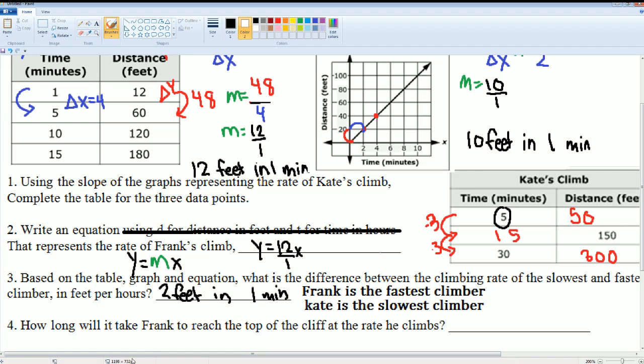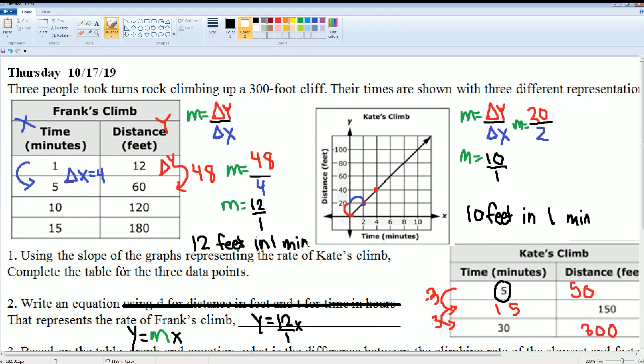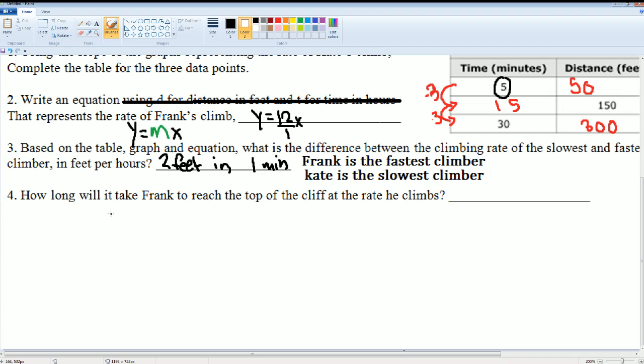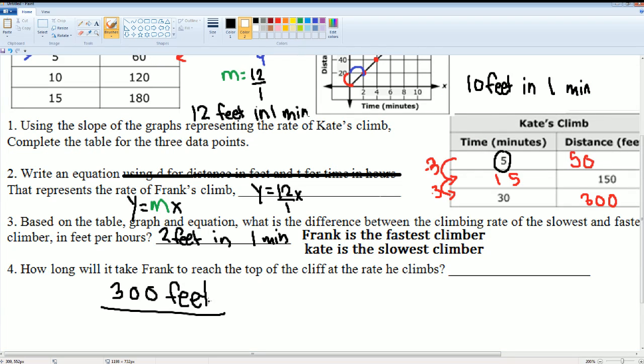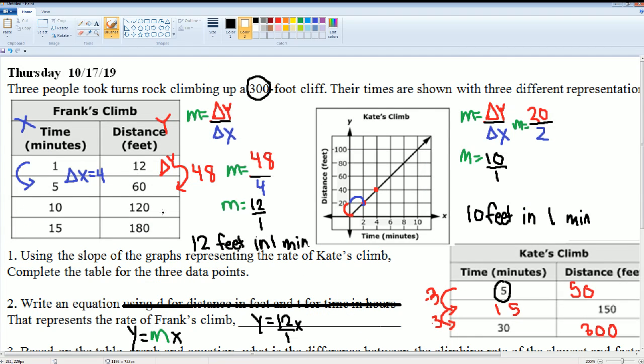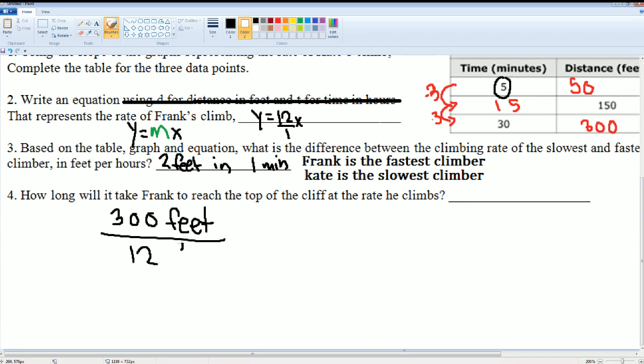How long will it take Frank to reach the top of the cliff if he climbs at this rate? He climbs 12 feet in 1 minute, and he has to climb a total of 300 feet. We want to divide this by how fast he climbs, 12 feet.